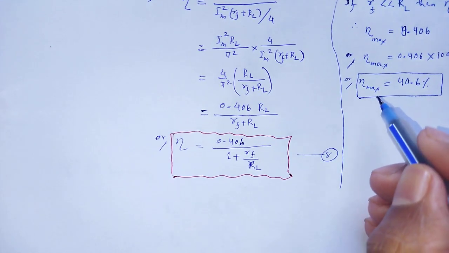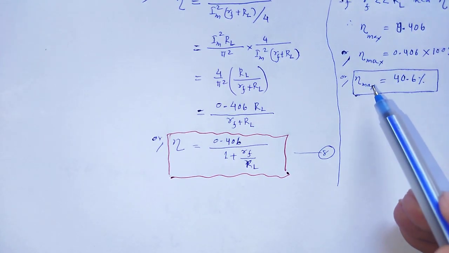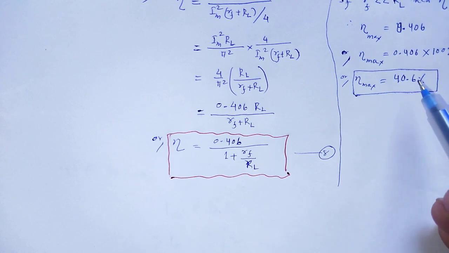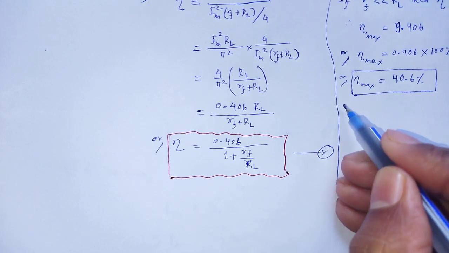From that equation, we conclude that a half wave rectifier can convert a maximum of 40.6% of input AC power into output DC power.